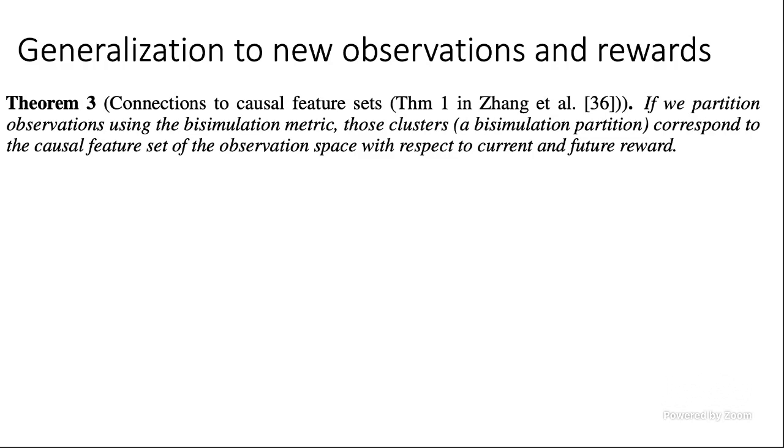So if we partition these observations using the bisimulation metric, those clusters correspond to the causal feature set, and therefore, at least in the linear setting, we know that we can generalize to those irrelevant variables taking on any other value. We don't have those kinds of guarantees for nonlinear function approximation, but we'll show empirically that we do get some nice performance.